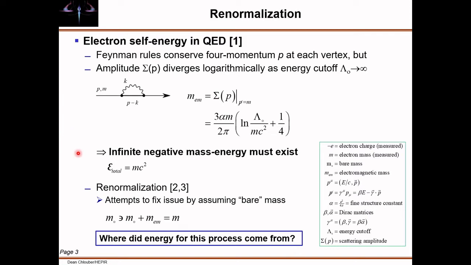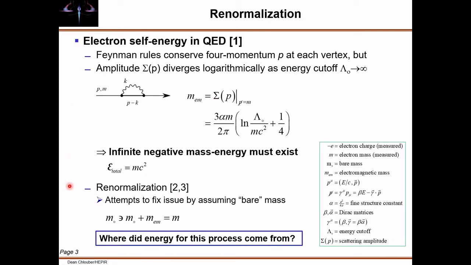And that means that an infinite negative mass energy must exist so that we obtain the expected rest mass energy. And it's not accounted for in this basic Feynman diagram.